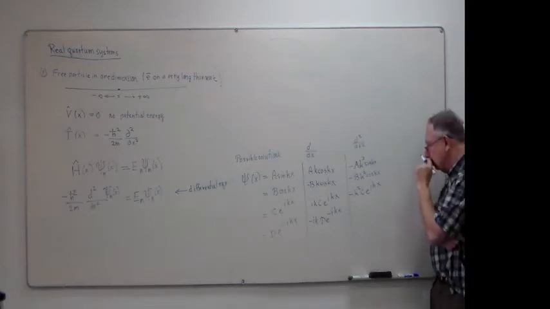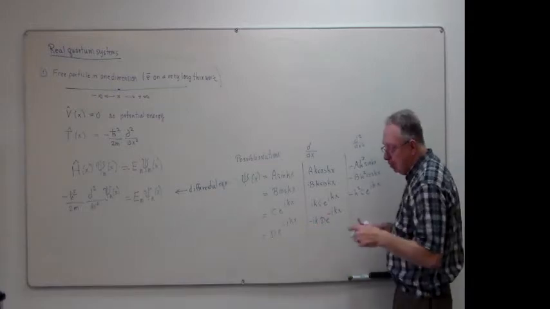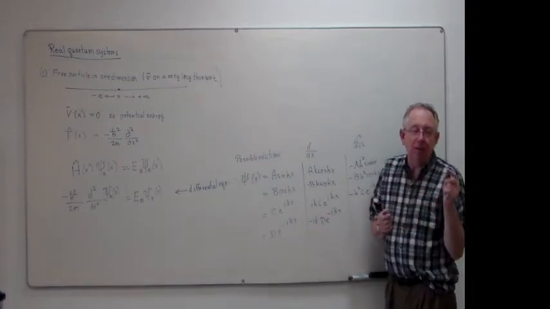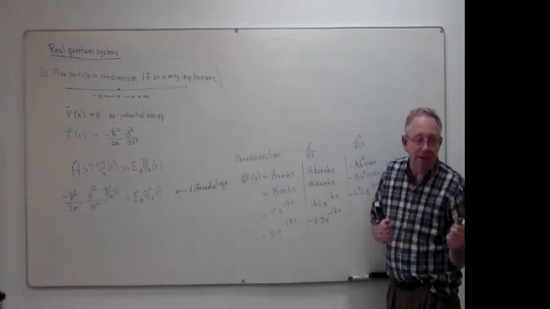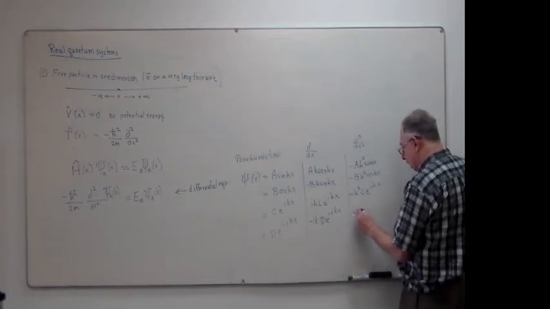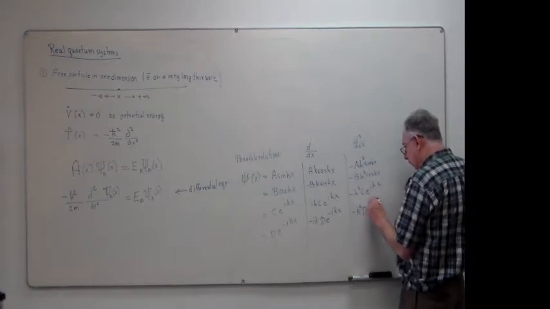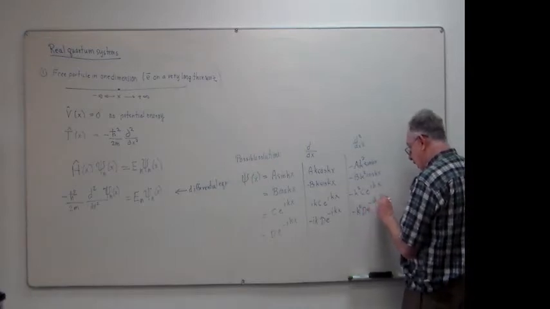It's minus i times minus i. Minus times minus is a plus, but i times i is a minus. So it's minus k squared D e to the minus ikx.